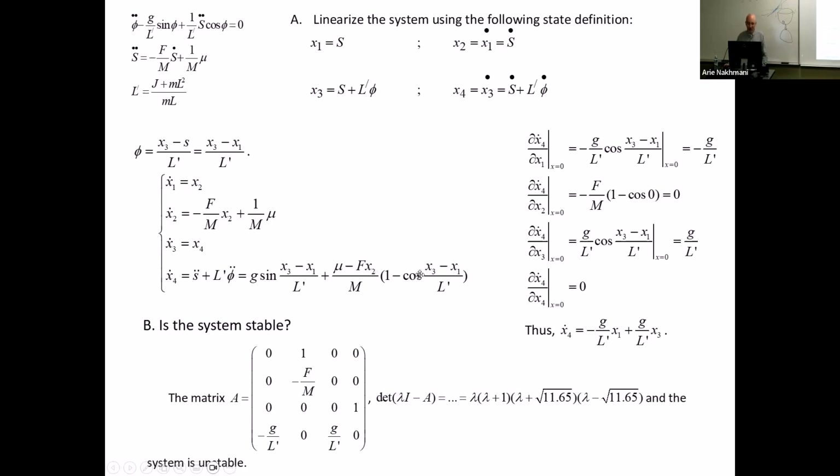Cosine of 0 is 1. 1 minus 1 will be 0. Okay. So it still will be 0. So you will have mu only here, and the coefficient will be 1 divided by m. So it will be 0, 1 divided by m, 0, 0, something like that. I calculated it correctly.